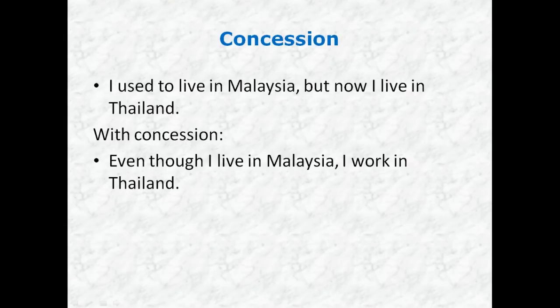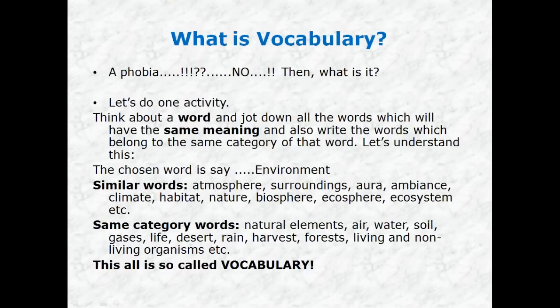Hope this is clear. Then comes vocabulary. For many people, vocabulary is a phobia, but it is not so. Let's understand this term by doing one activity. Think about a word and jot down all the words which have the same meaning, and also write the words which belong to the same category of that word.